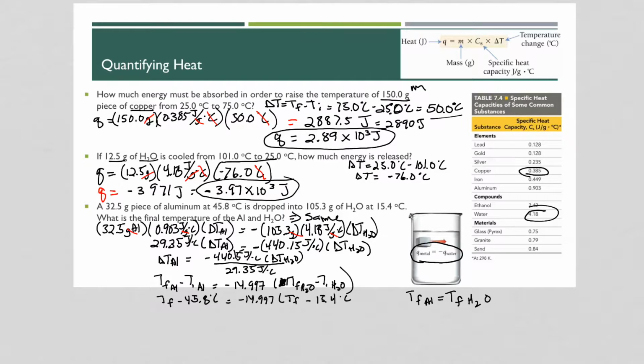And then plus, those negative signs cancel out, plus the 14.997 times 15.4, plus 230.95.